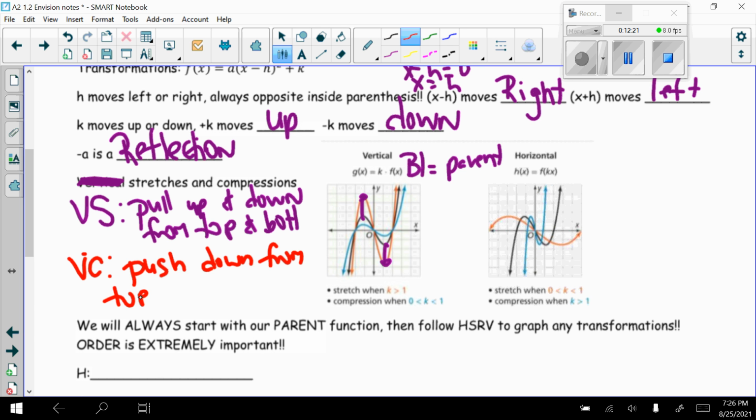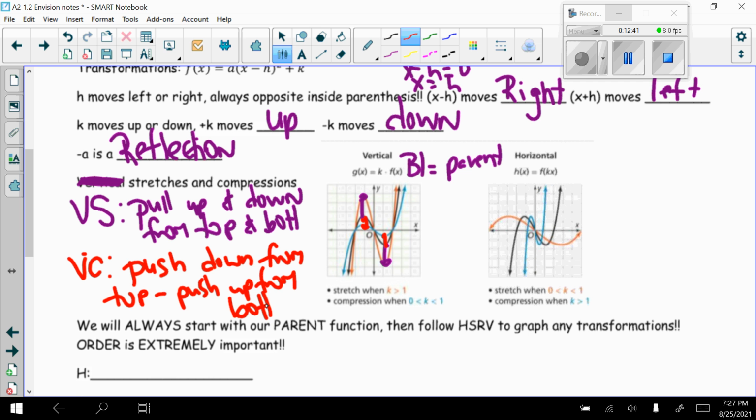So if I take the black and I push it down, I'm ending up right there at that blue. If I take the black and I push it up, so this is pushing down from the top and pushing up from the bottom.